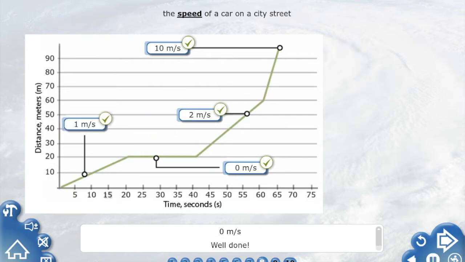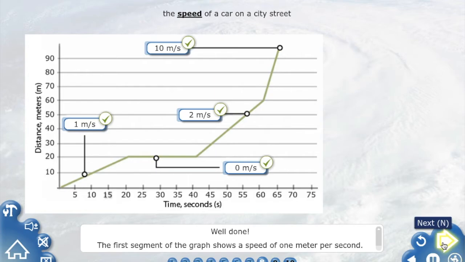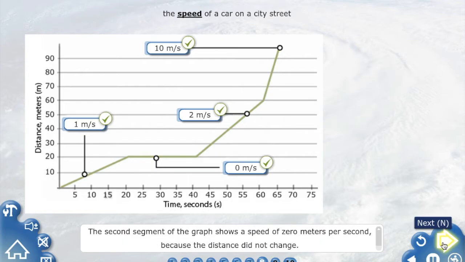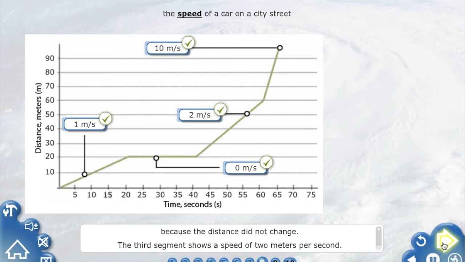Well done! The first segment of the graph shows a speed of 1 meter per second. The second segment of the graph shows a speed of 0 meters per second because the distance did not change. The third segment shows a speed of 2 meters per second. The last segment shows a speed of 10 meters per second.